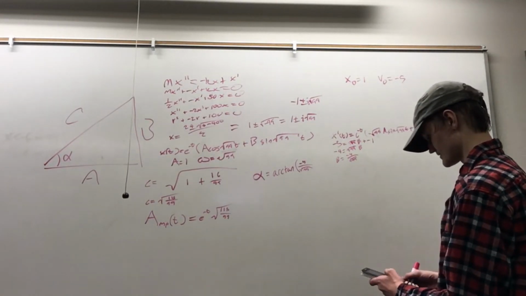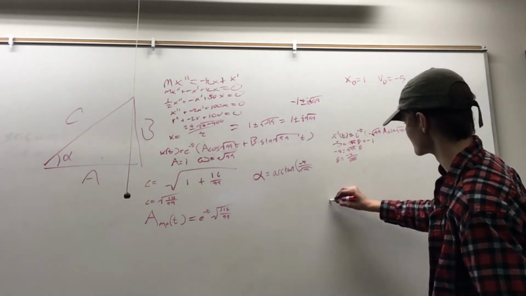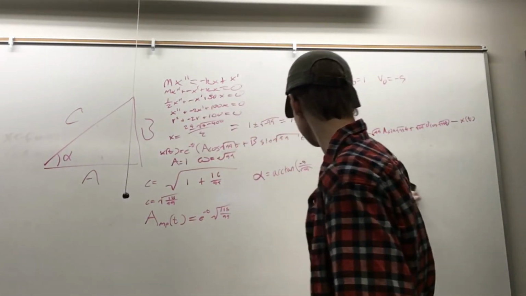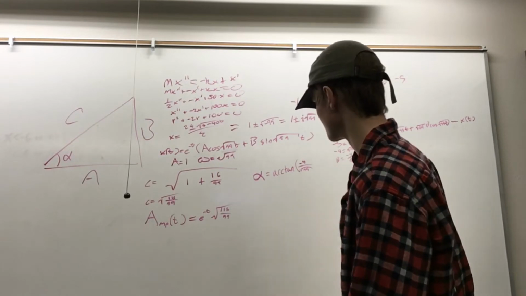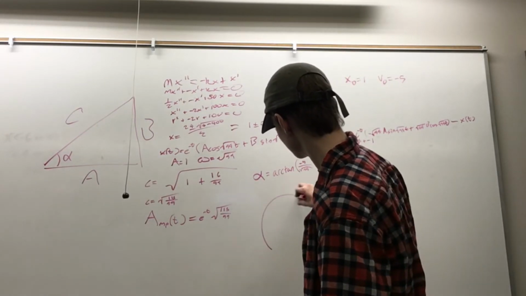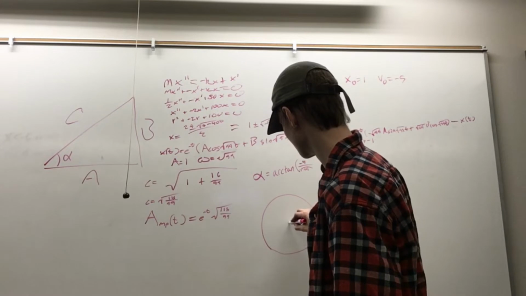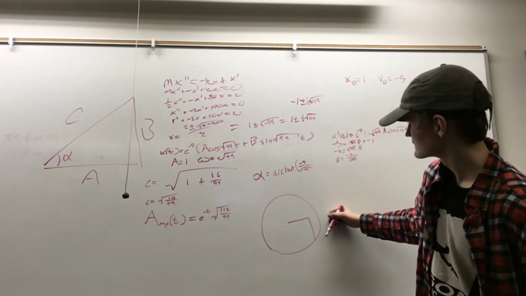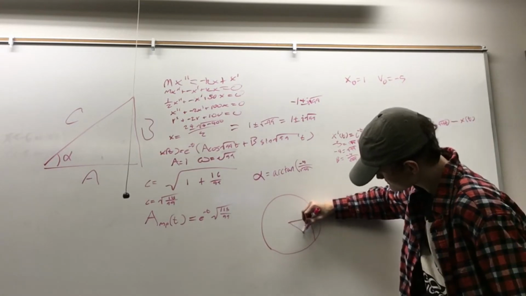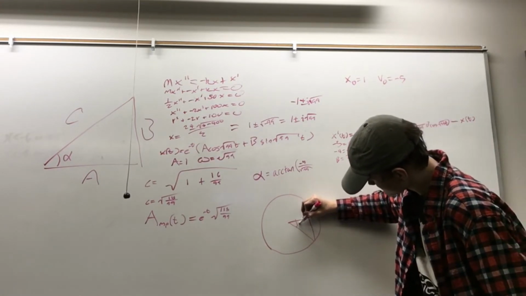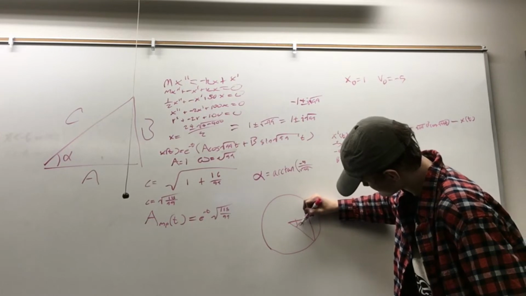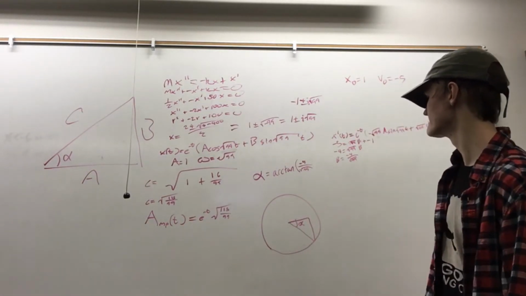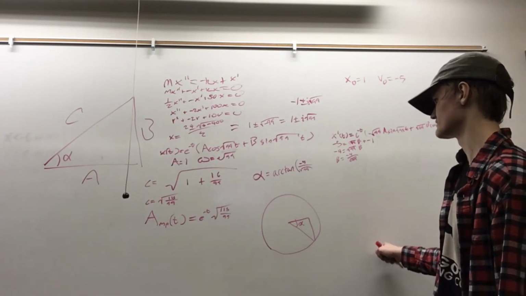So B is negative, so it's really like this. If I have a unit circle, here we go. Alpha is there. It's going to be in quadrant 4, which means that alpha is negative.